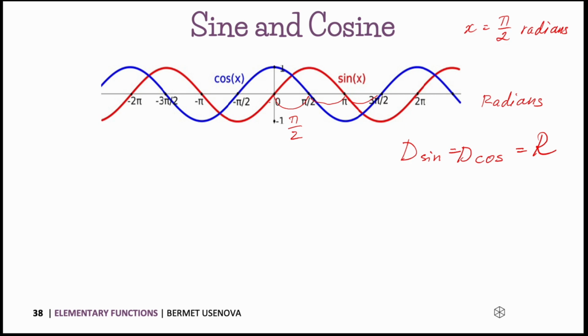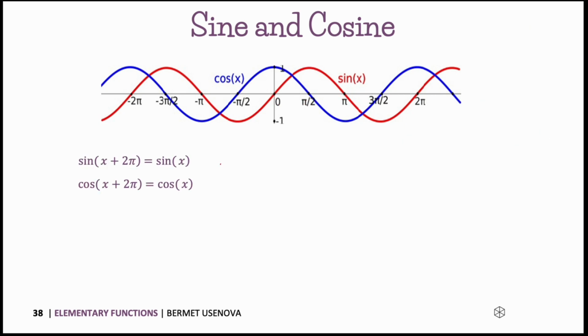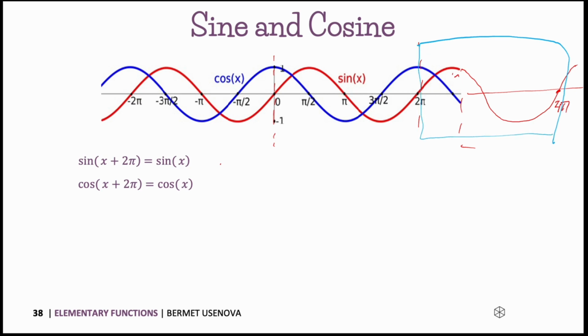The values of sine and cosine repeat according to the following rule. Sine here has a cycle, and after this cycle, it will repeat itself. And here we will have 4 pi. So this part of sine is equal to this part of sine.